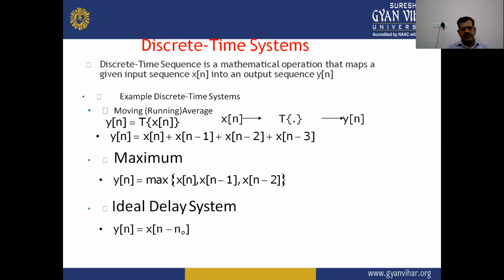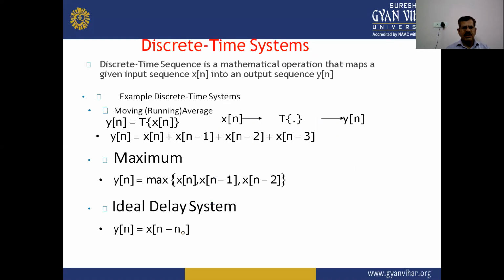Discrete time systems. Next one is the discrete time system, DT system. A discrete time system is a mathematical operation that maps a given input sequence x[n] into an output sequence y[n].